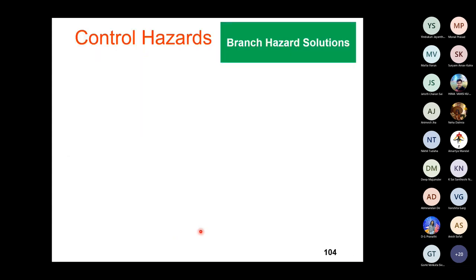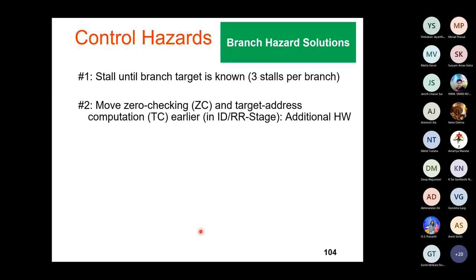Let us now quickly summarize what we have studied in control hazard, and then we will discuss different techniques for prediction in a little more detail. If it is a branch and you don't do anything, then it is 3 stalls per branch for the following instruction. One possible hardware solution is to move zero checking ZC and target address computation TC earlier. It needs additional hardware.